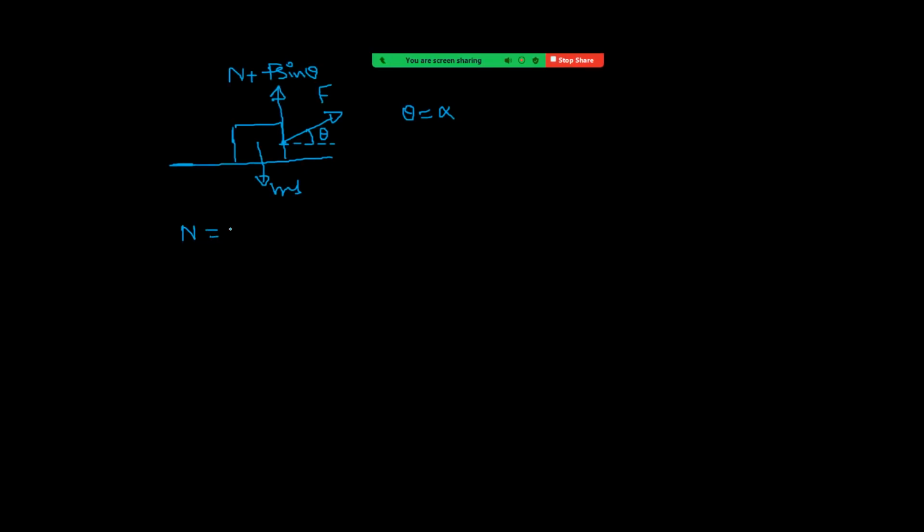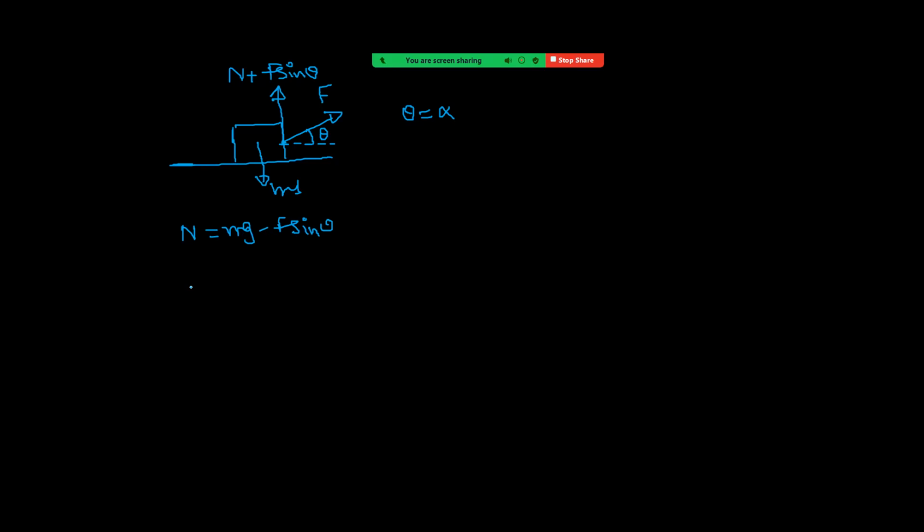That means normal reaction equals mg minus F sine theta. See here what happened. When we are pulling, normal reaction is reduced. Before force was applied, normal reaction was mg. Now when force is applied, normal reaction is mg minus F sine theta. Okay. That means now normal reaction is reduced.